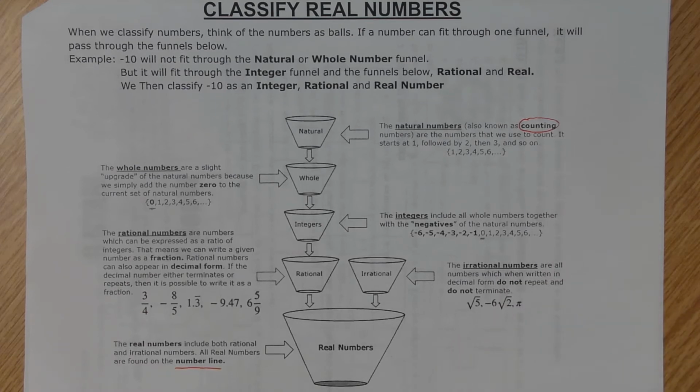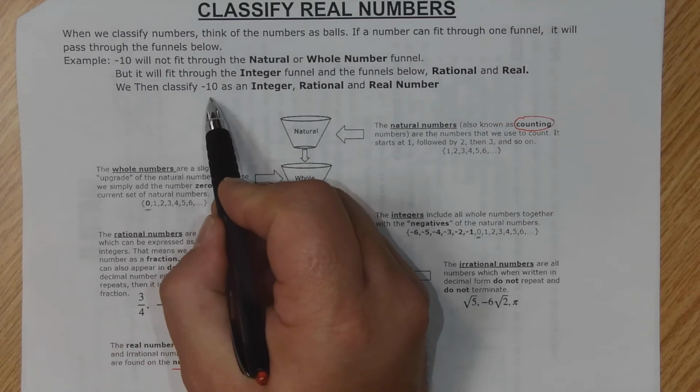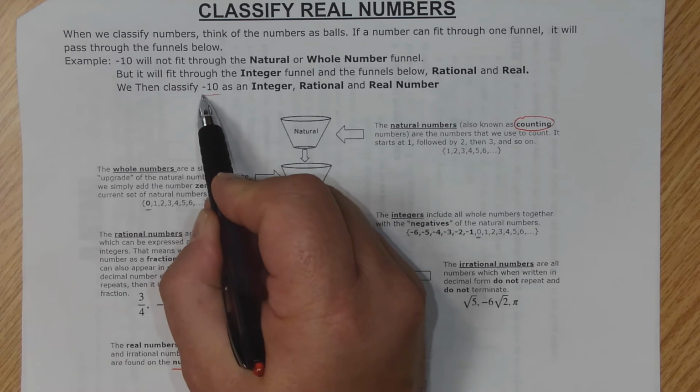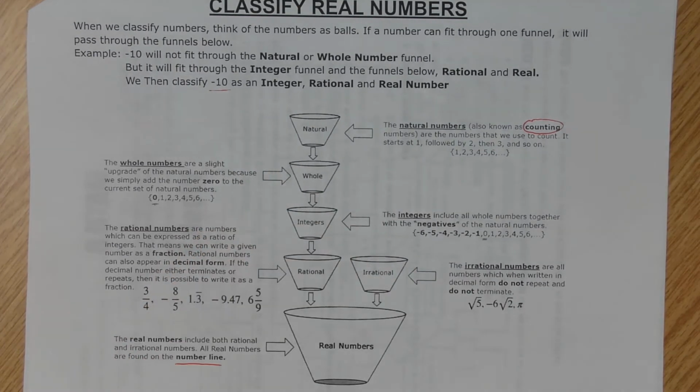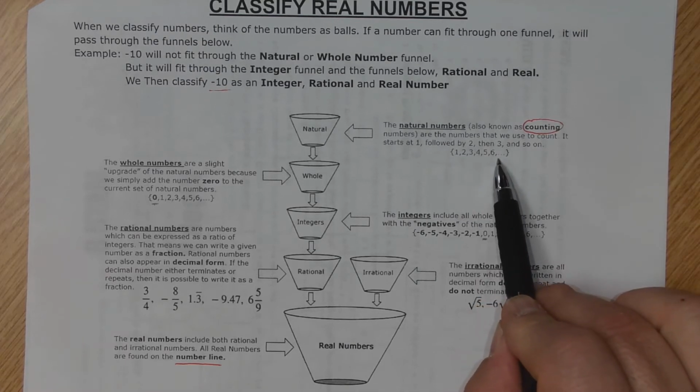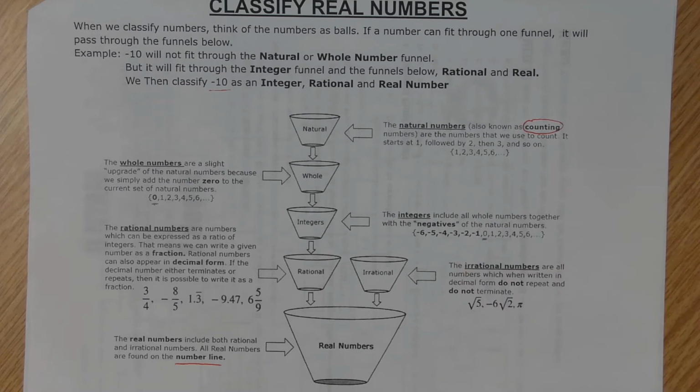Any number that you use to count, we call a natural number. Now, when we looked at the example up here, we looked at the example -10. When we count, we don't count by negatives. We don't say, look over there, there's 5 of those, 4 of those, 3 of those, 2 of those, 1, 0, -1, -2. We don't use the negative numbers. So only our counting numbers are our natural numbers.